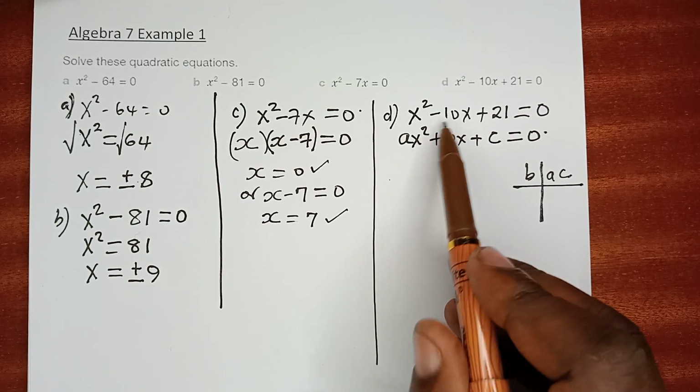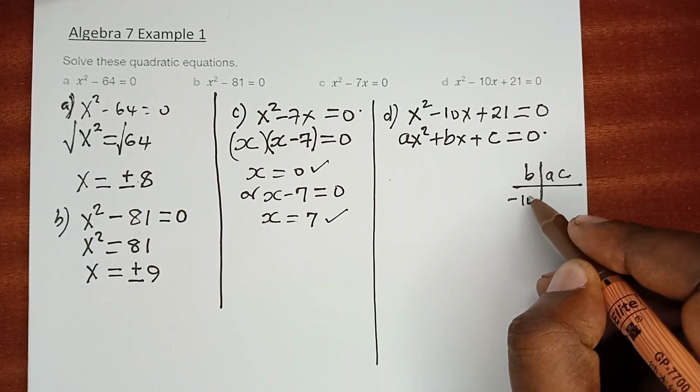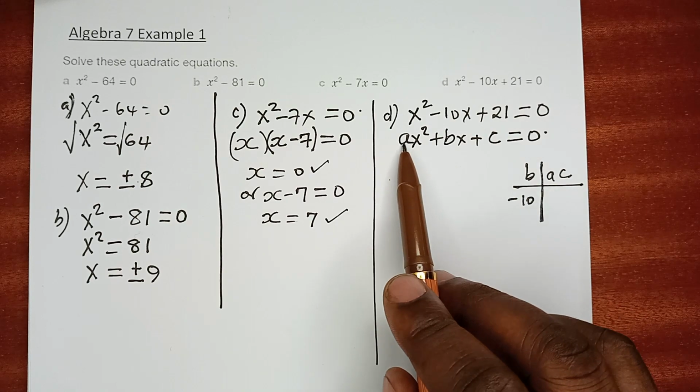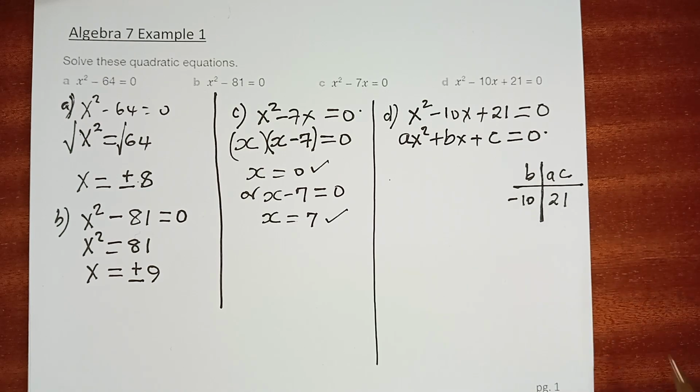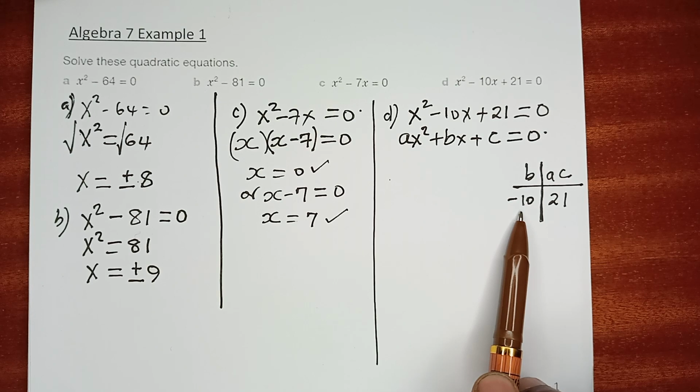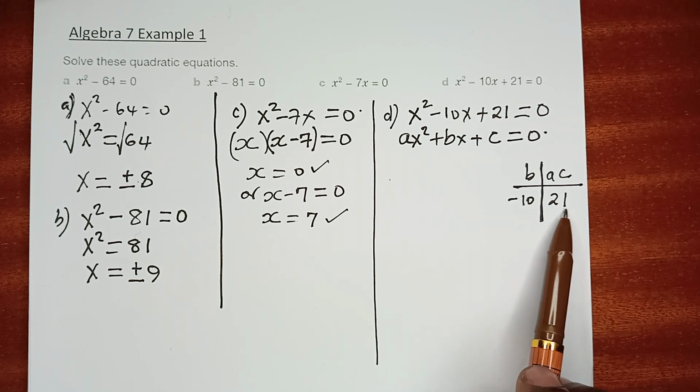So in our question, what is our B? Minus 10. What is the product of A times C? 1 times 21 is 21. Listen to this. There are always two questions that we should ask ourselves at this particular point, because we are looking for two answers. Quadratic equations will mainly have two answers. Question number 1, which two numbers, when we add them, we get our B, which is minus 10, and at the same time, when we multiply them, we get 21?